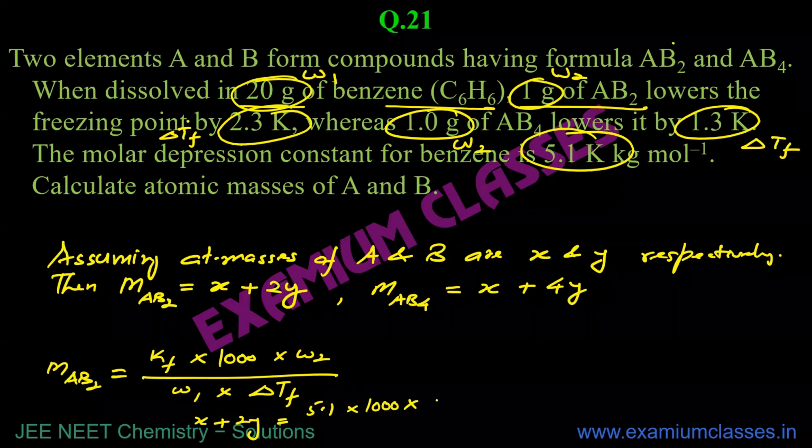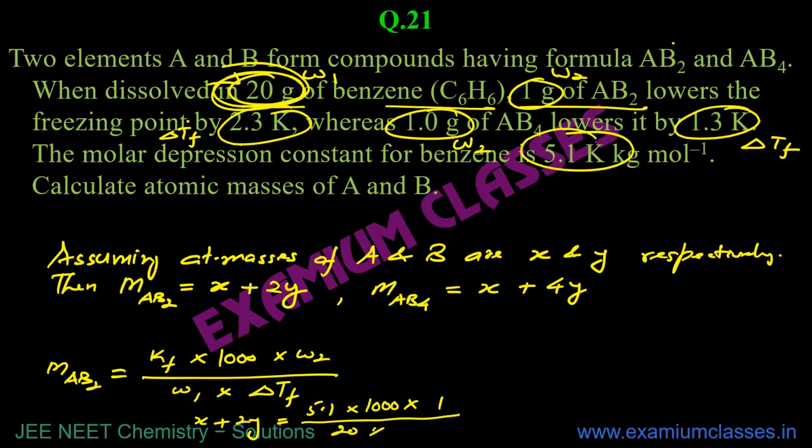W2 is 1 gram. In both cases, it is 1 gram, whether it is AB2 or AB4, both are 1 gram. Divided by W1. W1 is 20 grams, into delta TF. In this case, delta TF is 2.3 in first case.